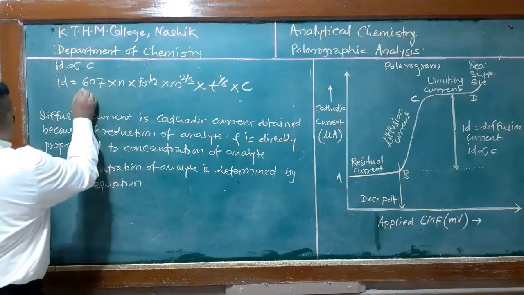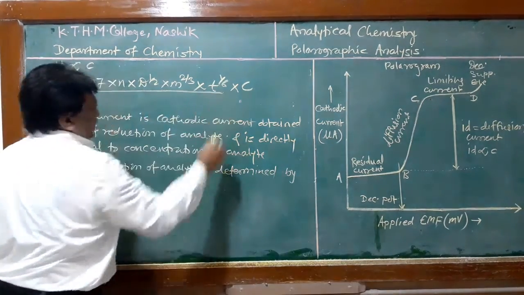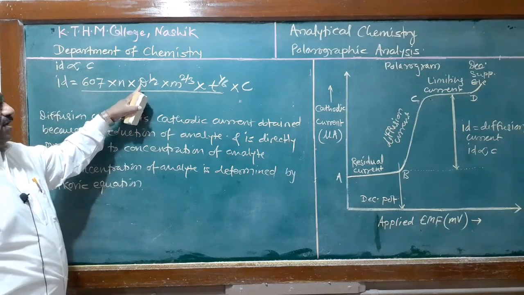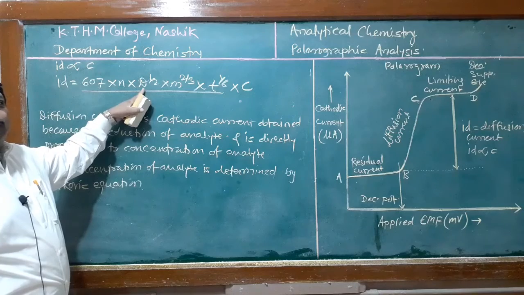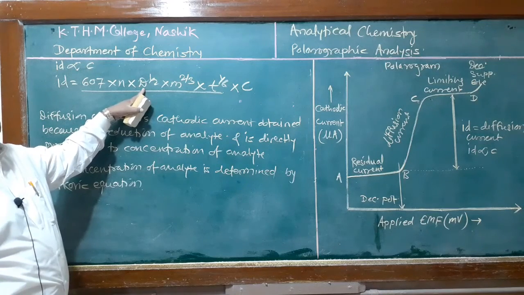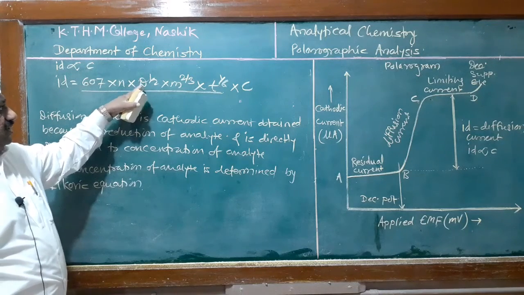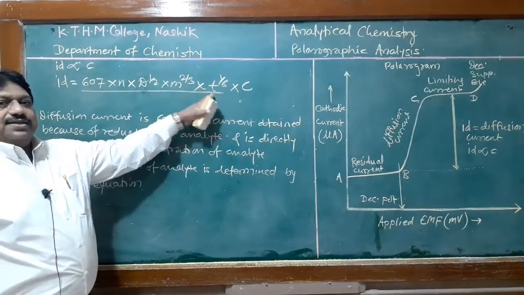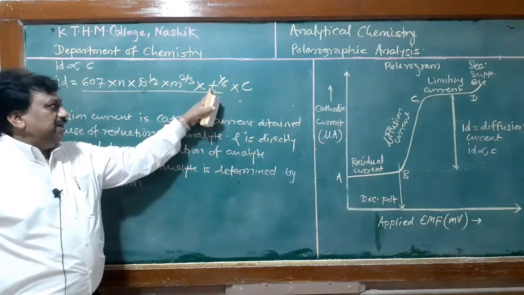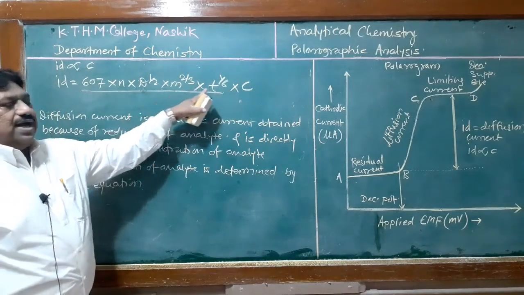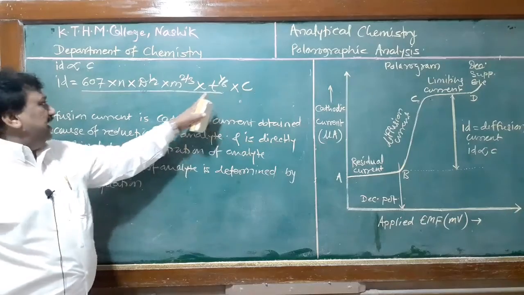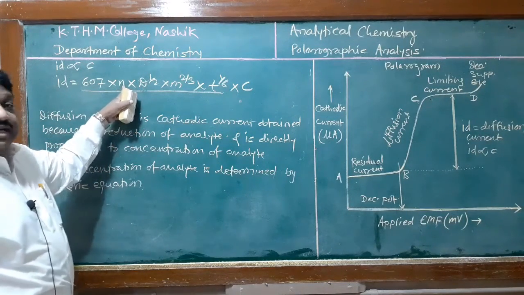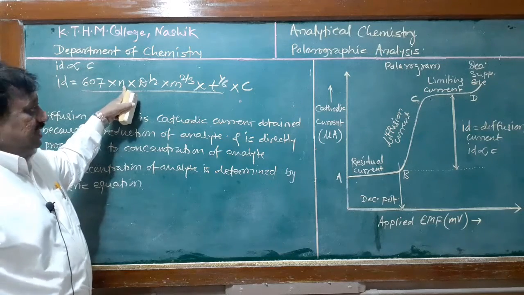All these parameters are constant. This is a characteristic of the particular substance that undergoes a reduction. This is the diffusion coefficient of analyte. These two factors are governed by the characteristics of the electrode, that is the mercury flow rate and the drop time. This is the number of electrons involved in the redox reaction, which again depends upon the type of analyte that is reduced.